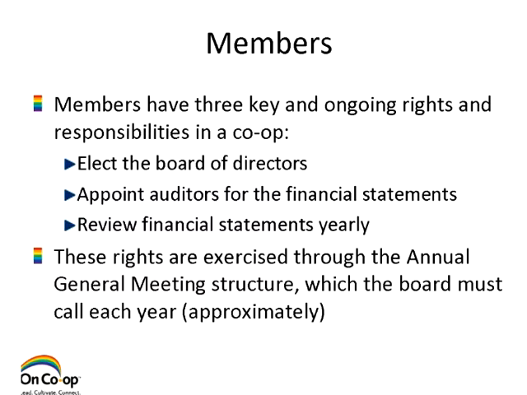And usually these ongoing rights are exercised through the annual general meeting structure, which the board must call for the membership approximately each year. It's every 15 months or so. Every 15 months after the very first one, and the first one you have 18 months after you incorporate to run it.